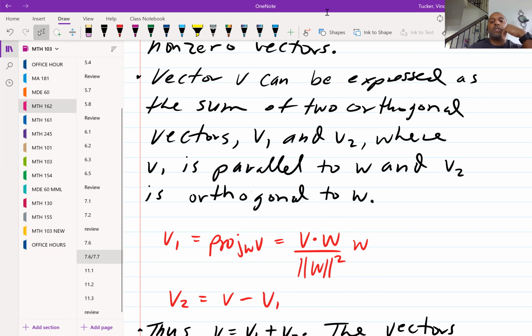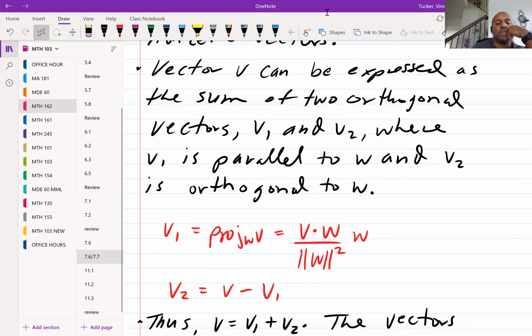All right. So V1 is going to actually be what we just finished calculating. And then V sub 2 or V2 is going to be V minus V1.